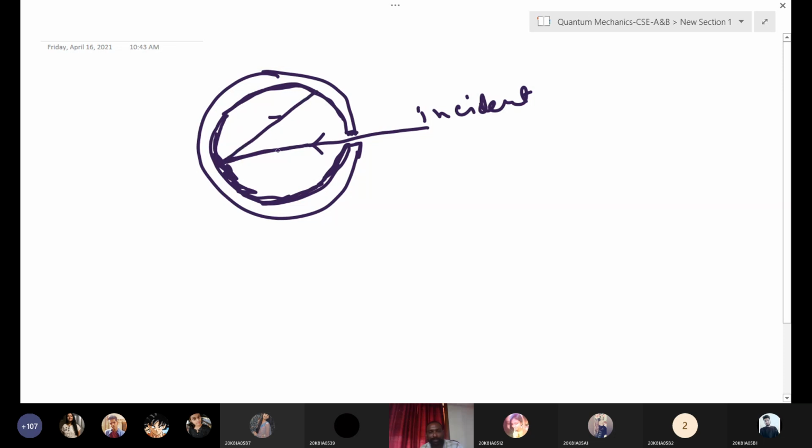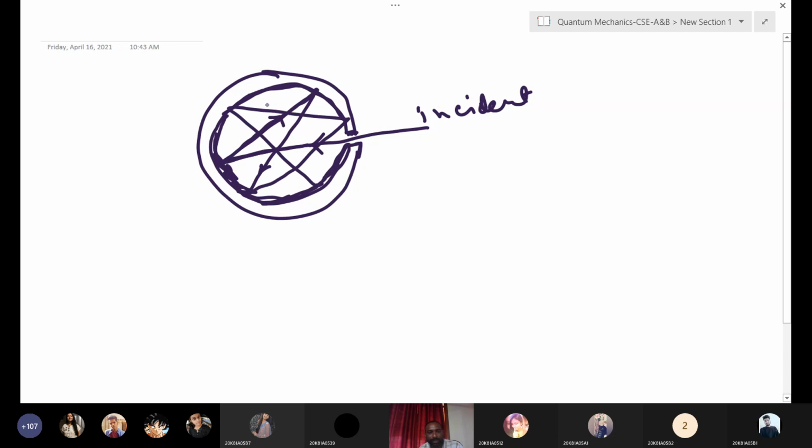But since this is a hollow sphere, there is very little probability of back scattering in the same direction. So it will always reflect in a different direction. After that it will hit another place and reflect in another direction, and like this.